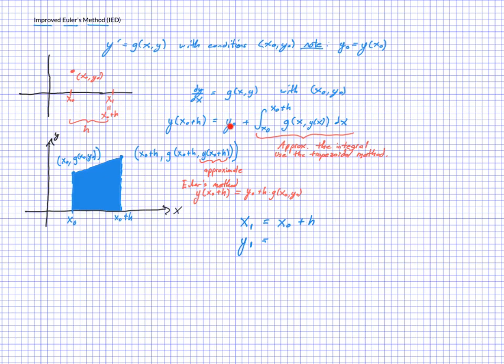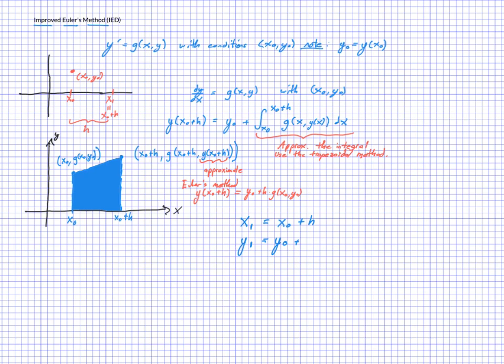So I'm going to put this y naught first, plus, and I'm going to approximate this value here using the trapezoid method.